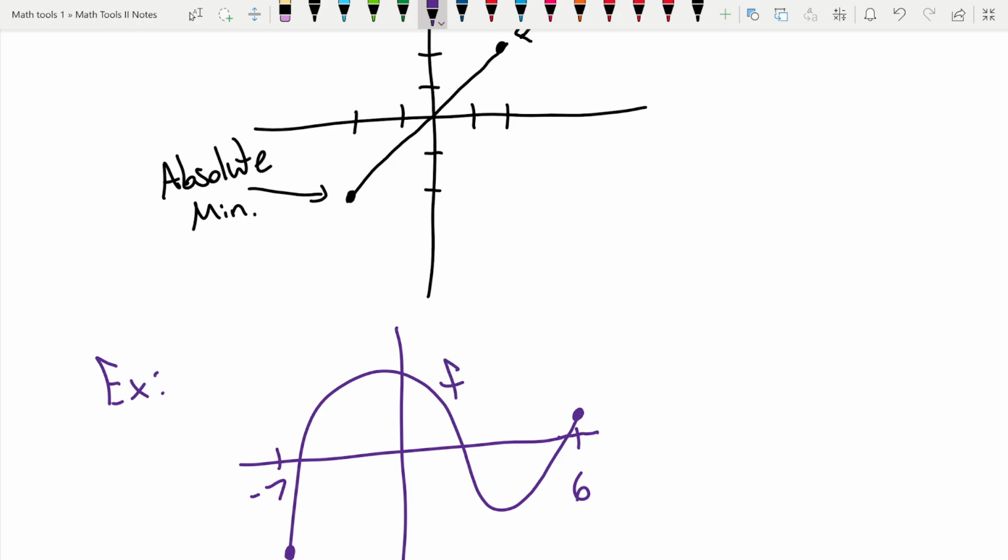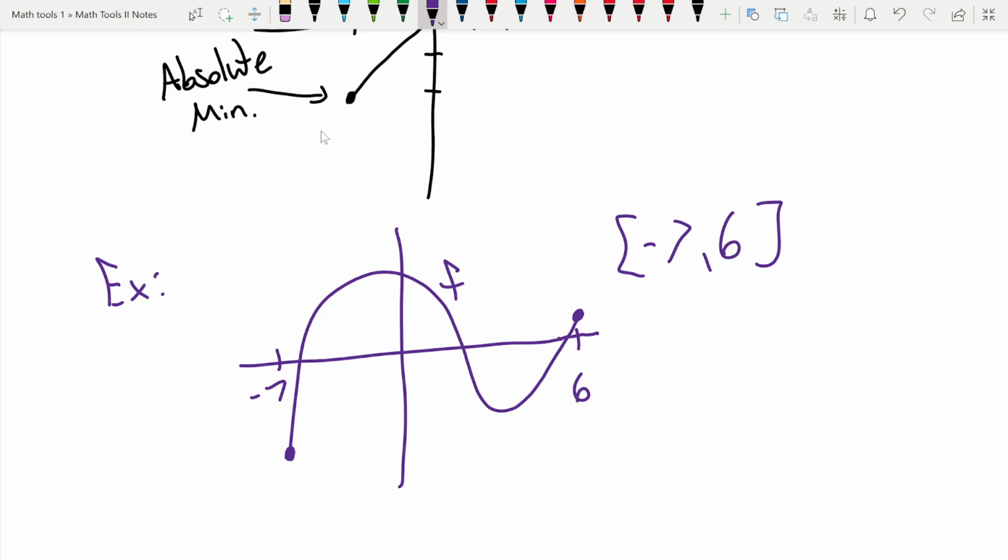So we're looking at this function f on the interval from -7 to 6. Okay, so we can tell from the graph that it is continuous, and it is a closed interval. The endpoints are included, and it is bounded, right? It's all finite.